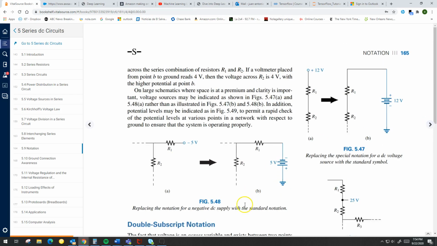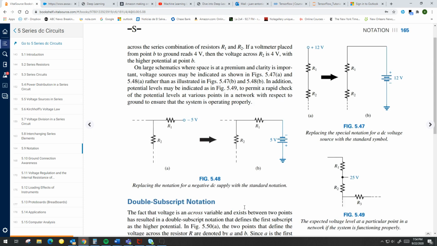So replacing, if we use the notation here, right? If we replace the special notation for a DC voltage with just a standard symbol, we can do this. In other words, another way of representing voltage sources is by just having this symbol here, okay? Just that little circle.